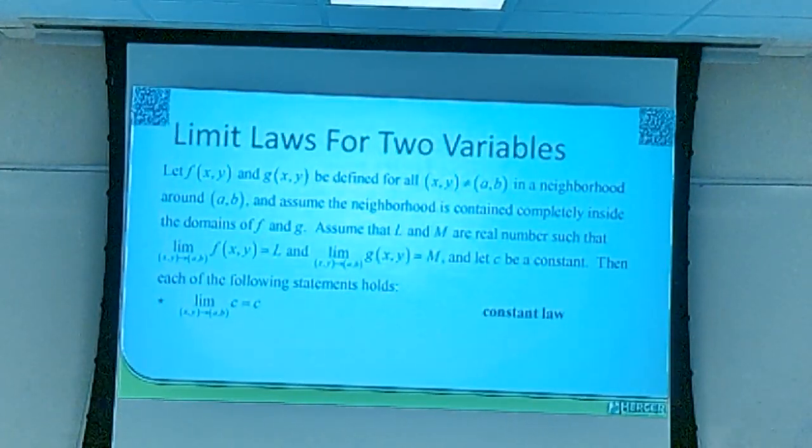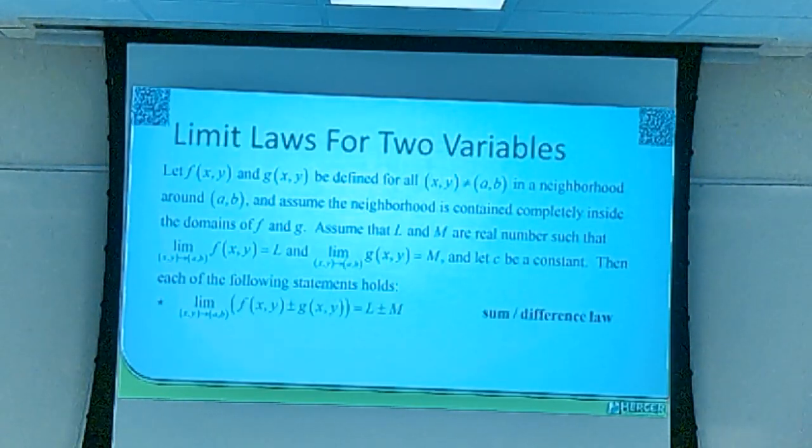Again, read through that. You have your limit laws. The limit of a constant is still a constant. If you take the limit as (x, y) approaches (a, b) of x, it's just a. And the limit of y would just be b. So they would then behave like single variate limits.